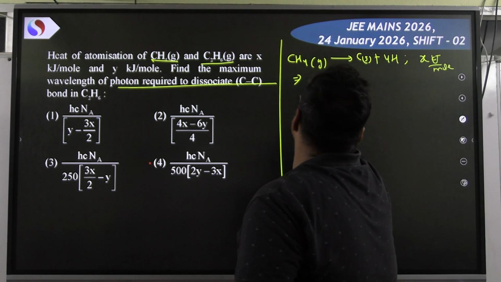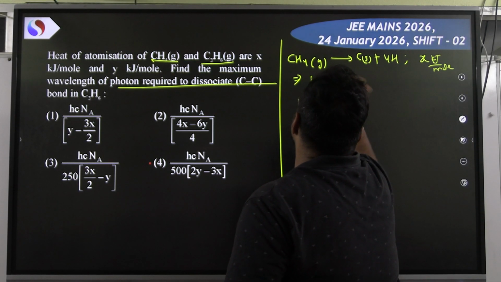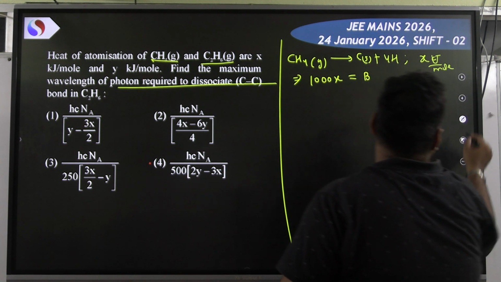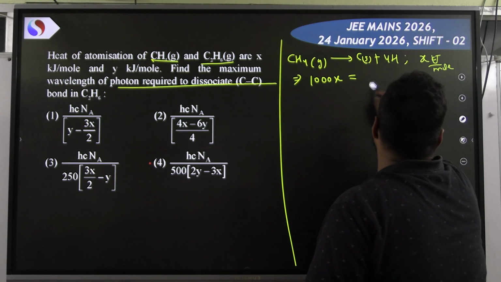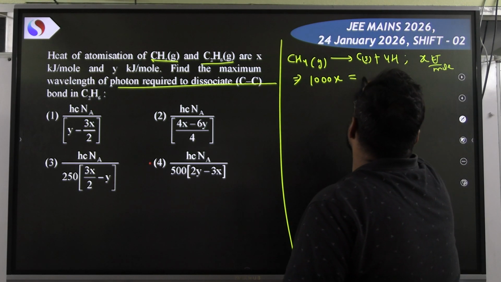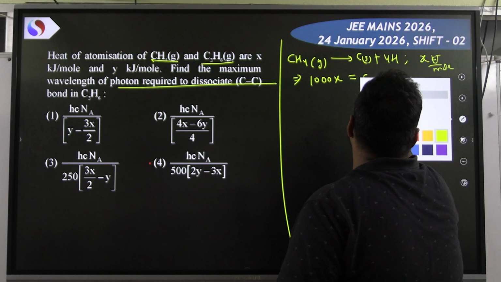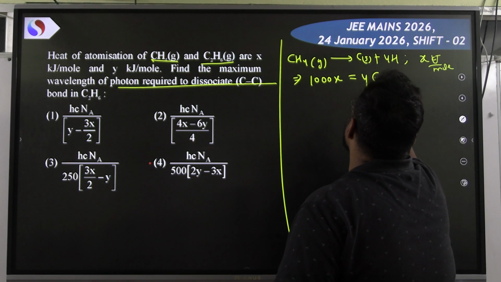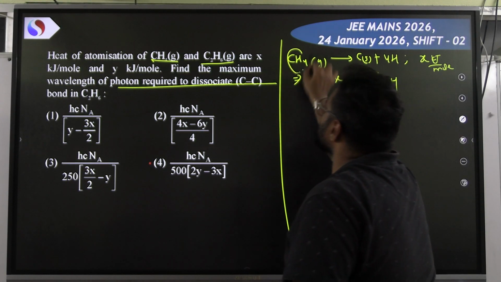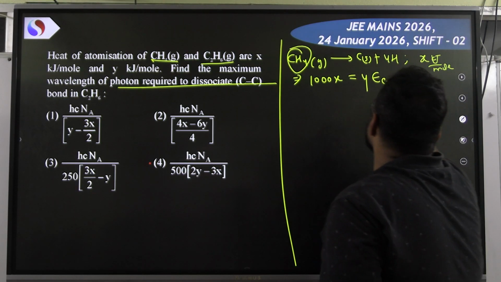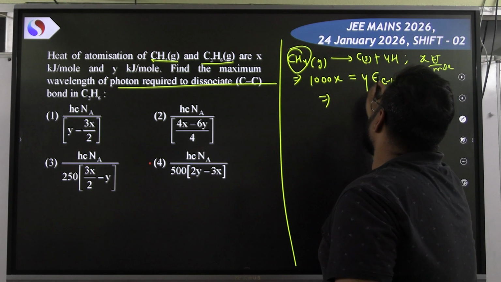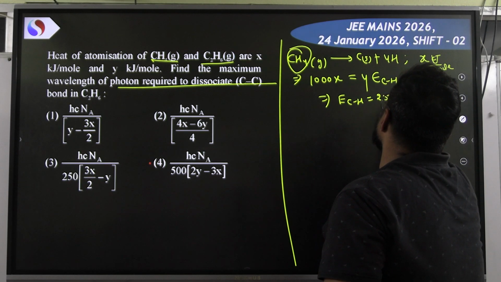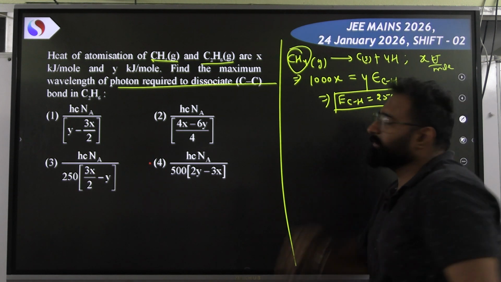So can I write this as 1000x is equal to bond energy, or instead of writing bond energy I can write energy, how many CH bonds are present? 4 into energy of CH bond. This has 4 CH bonds, correct? So from here, what is our energy of CH bond? It will be 250x, correct?